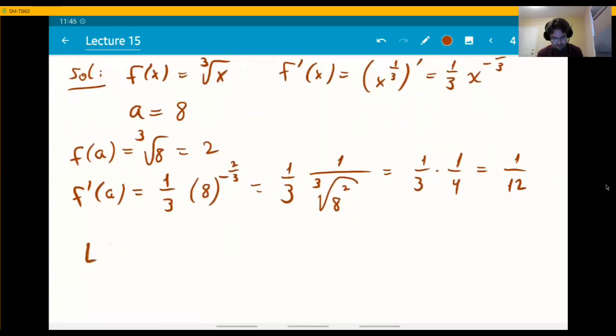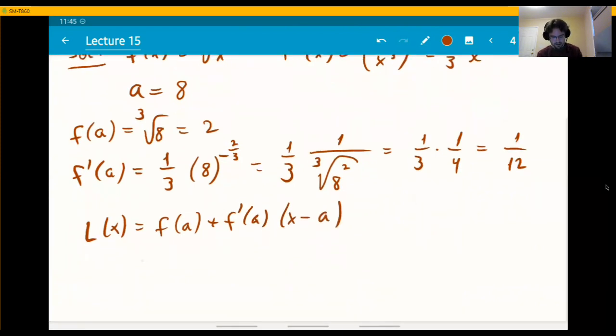With those parameters, you have a formula for the linear approximation. Always like this, f of a plus f prime of a times x minus 8. So we can replace, we already know these values. F of a is 2 right here. f prime of a is 1 over 12.